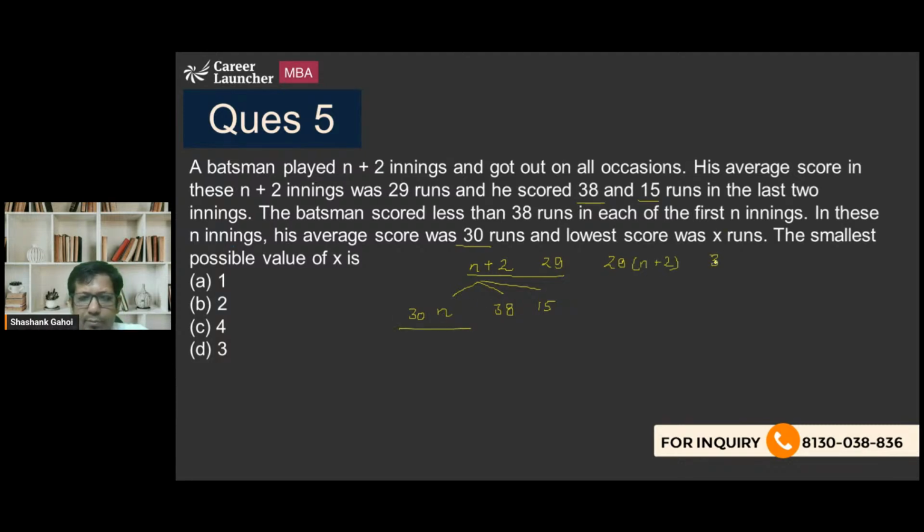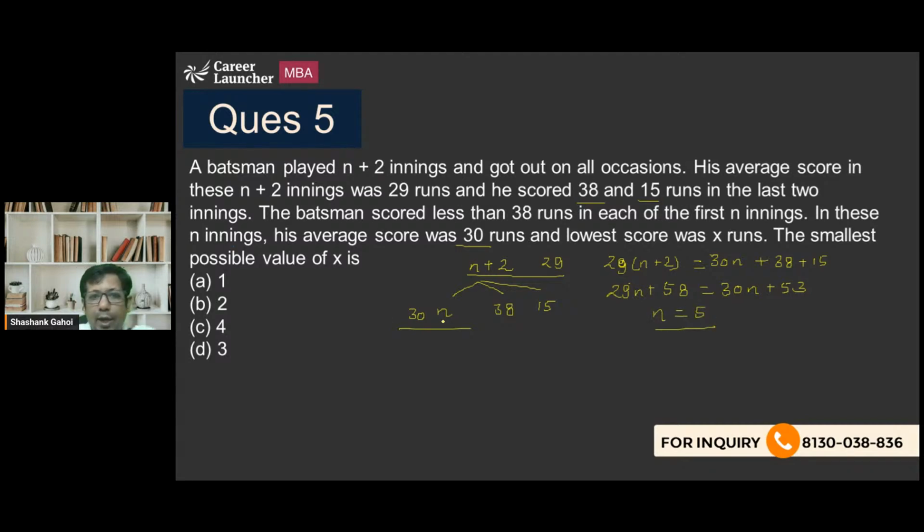That is 30n plus 38 plus 15, and that is equal to this. So I am going to get 29n plus 58, and that's equal to 30n plus 53. So from here, I am going to get n equal to 5.